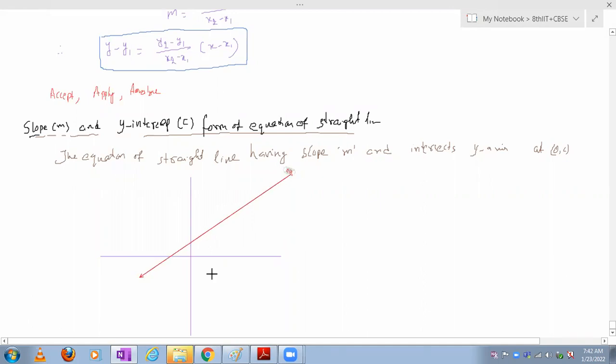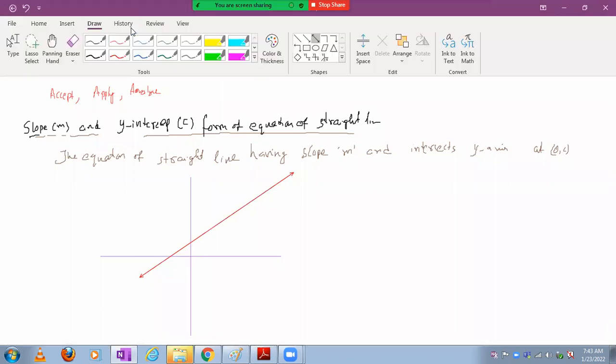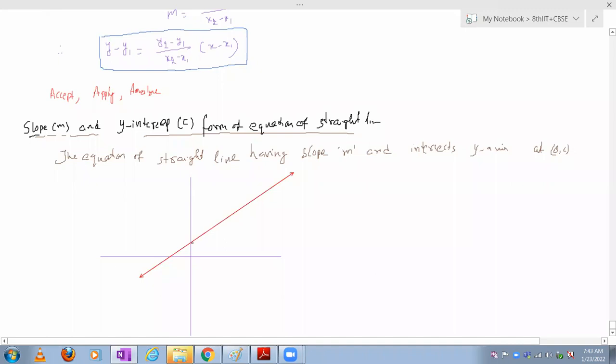Okay. So the angle made with respect to the positive x-axis is theta, and the slope is tan theta. Now see where it is intersecting the y-axis, that is 0, c.